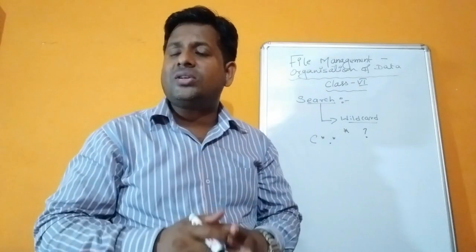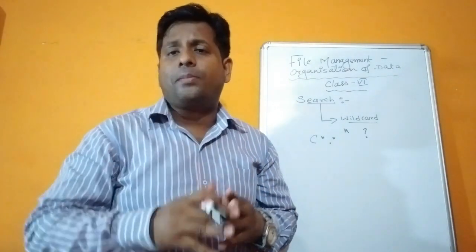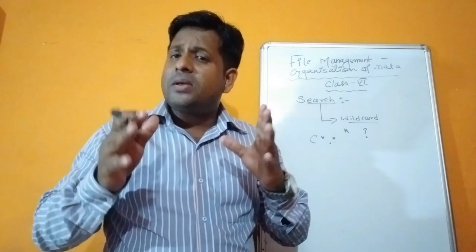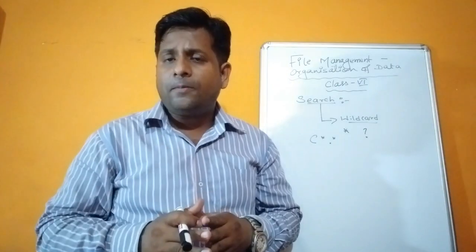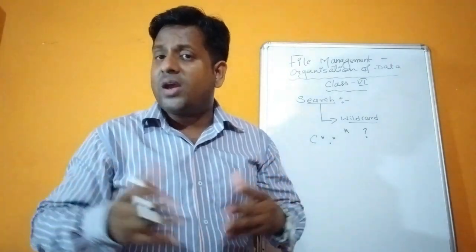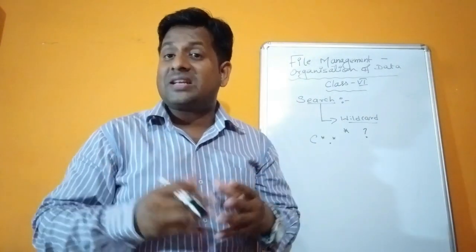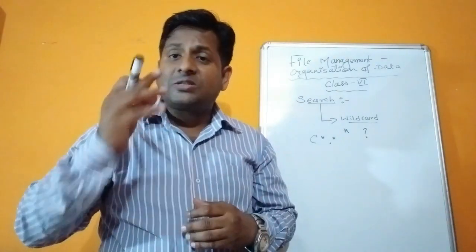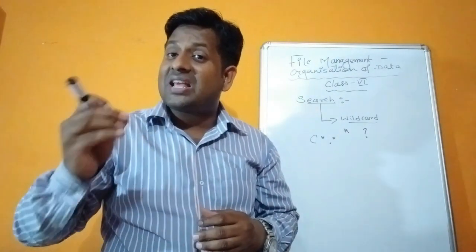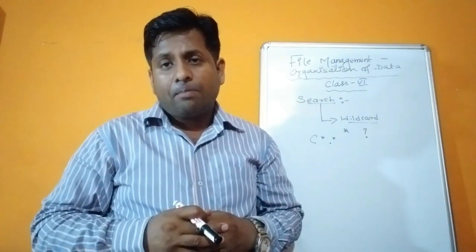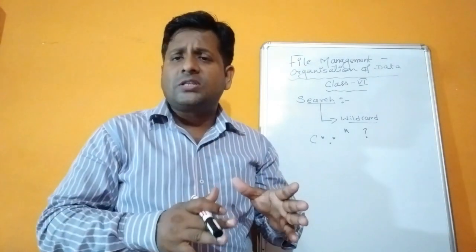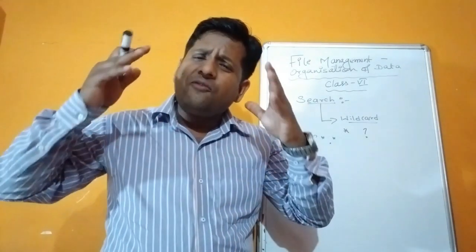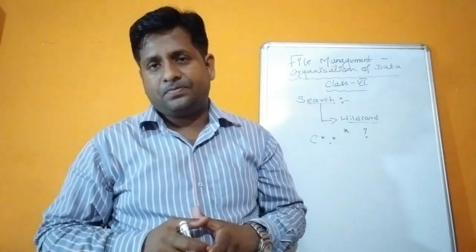Now what is an extension? Extension is the file format. Like for images we have JPG, for audio we have MP3, for video we have MP4 or AVI, for documents we have docx or doc, for spreadsheets we have XLS or XLSX, for PowerPoint we have PPT or PPTX. Not only this much, like PDF, every file has a format.